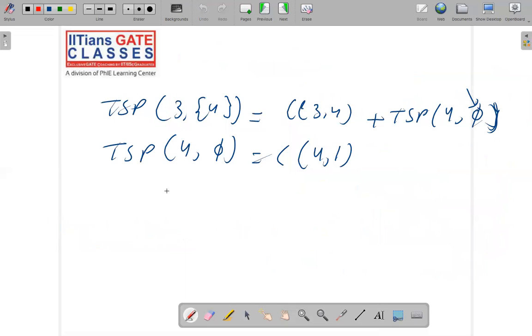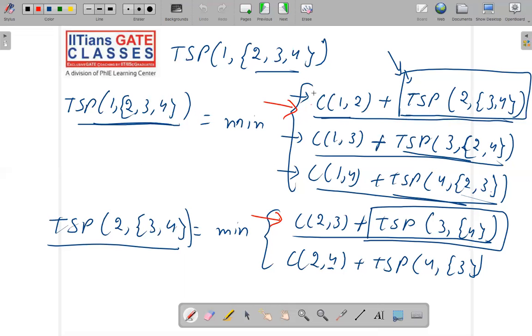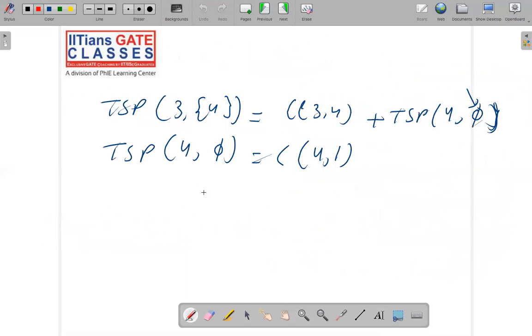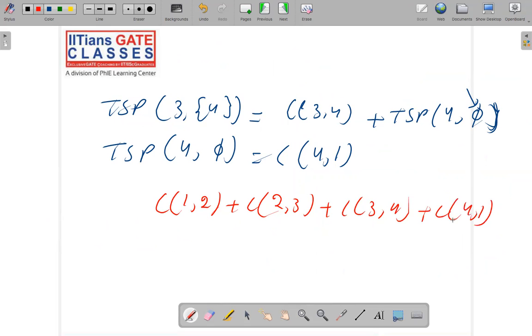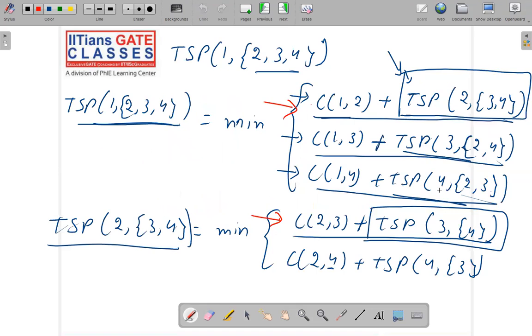Okay, I'm just assuming that these are the minimum, the red arrows are the minimum. Then my minimum cost is 1 to 2, 2 to 3, 3 to 4, and 4 to 1. Okay, this is my minimum path. I'm assuming it. But before considering the minimum path, you have to solve all these things.